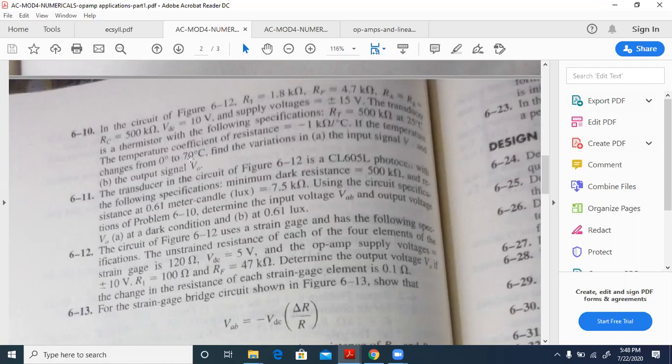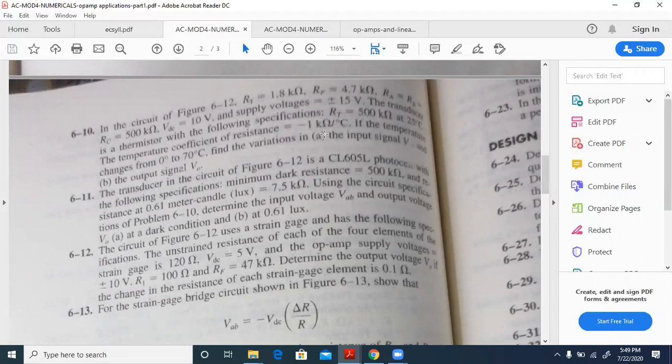At 0 degrees centigrade, having a negative temperature coefficient, that means 25 into minus 1 will become minus 25. That minus 25 should be subtracted from 500 kilo ohm. So 500 minus 25 kilo ohm will give 525 kilo ohm at 0 degrees centigrade, because temperature coefficient of resistance is negative.